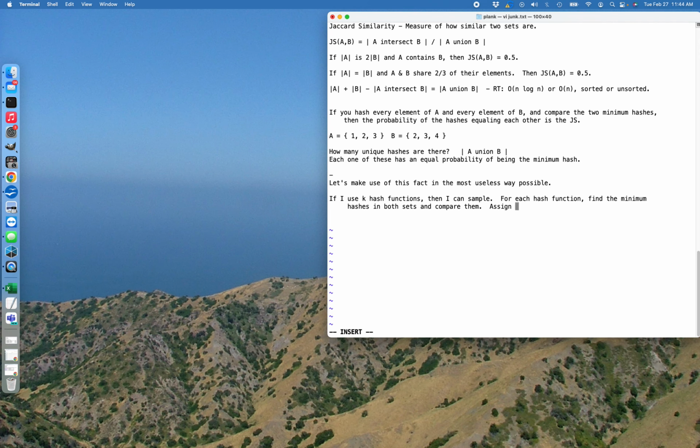Assign 1 for a match and 0 for a mismatch. As k goes to infinity, the average will equal the Jaccard similarity. Okay? Standard sampling story.